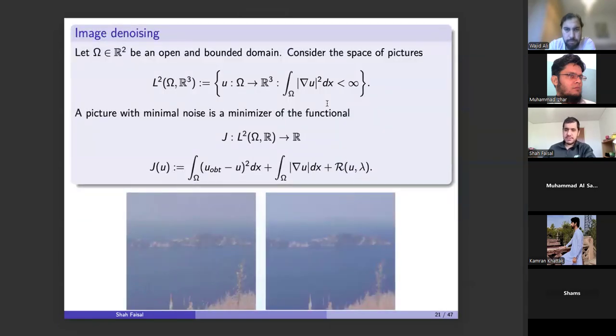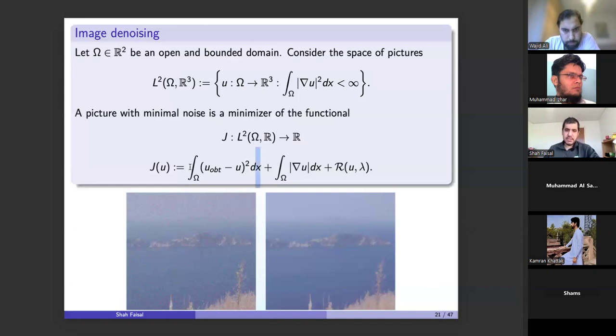Okay. So to minimize noise, well, a picture with minimal noise would be a function, right? So you should look for that picture in some space. So the space of pictures is for me now the space of L2 functions on this domain omega. And you are trying to look for some function that represents a picture with minimal noise. So you need to minimize all this noise.